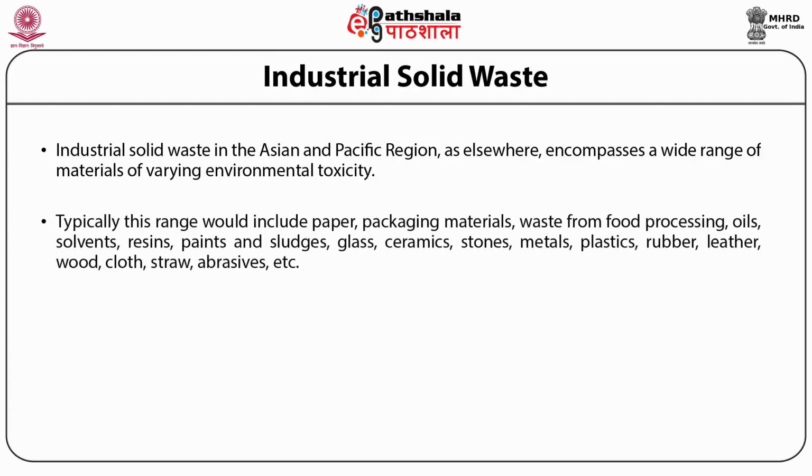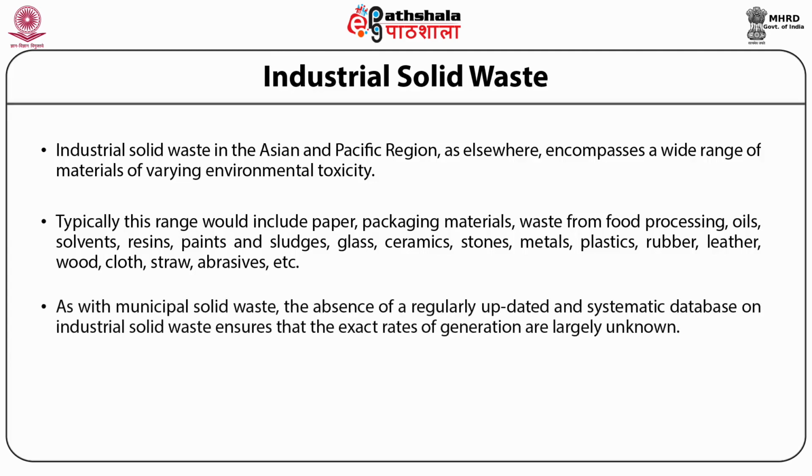Typically, this range would include paper, packaging materials, waste from food processing, oils, solvents, resins, paints and sludges, glass, ceramics, stones, metals, plastic, rubber, leather, wood, cloth, straw, abrasives, etc. As with municipal solid waste, the absence of a regularly updated and systematic database on industrial solid waste ensures that the exact rates of generation are largely unknown.